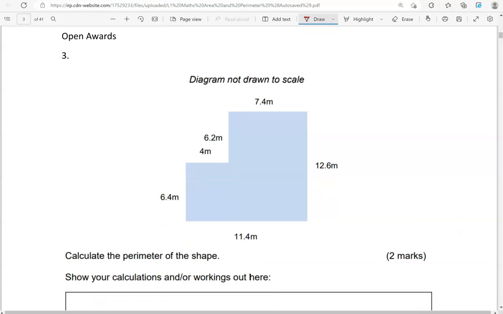Calculate the perimeter of the shape. Show your calculations and our workings out here. So perimeter means going around, it's the rim. So we're going to add all of these lengths.